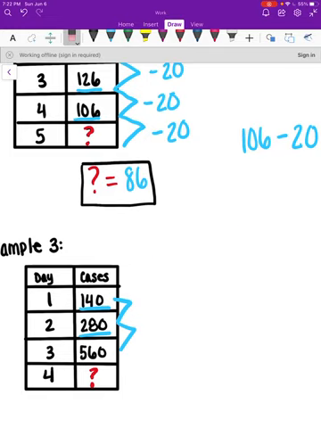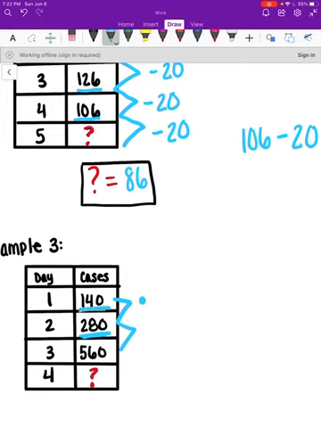How else can I get from 140 to 280 if I'm not adding? And my thought is that because it's getting bigger, I can either add or multiply. So I can't add, that didn't work, so I need to multiply. But how do I know what to multiply by? So I'm going to take 280, and the opposite of multiply is divide.